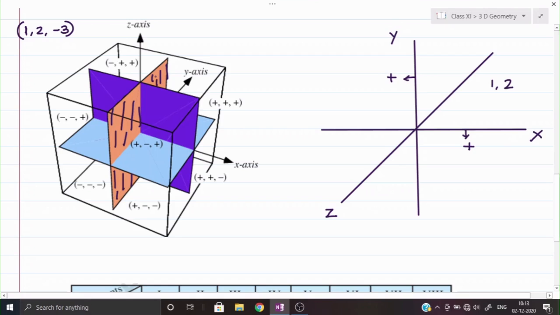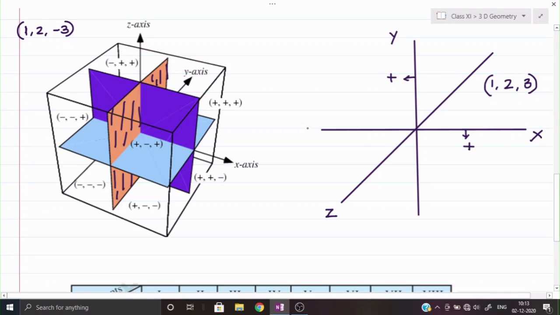So if I am talking about the front one, so 1 comma 2, and then the z-axis will also have the coordinate positive here because I am talking about the front. So 1 comma 2 comma 3 will be lying in the first octant.